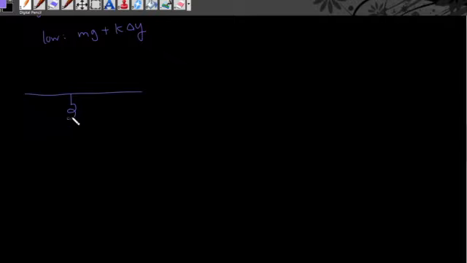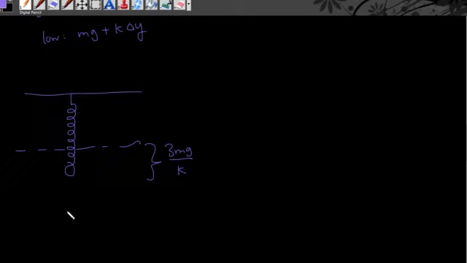Let me just draw that out. Let's say this is the equilibrium position, and it's moved down by 3mg over k. You then let go. What is the upwards acceleration of the mass right as you let go?